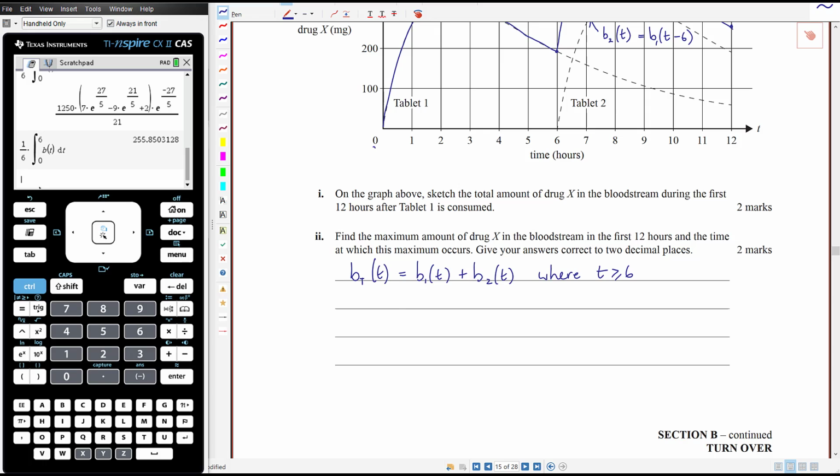So therefore, we've essentially got B of T plus B of T minus 6. I might call this in my CAS TB, total B.